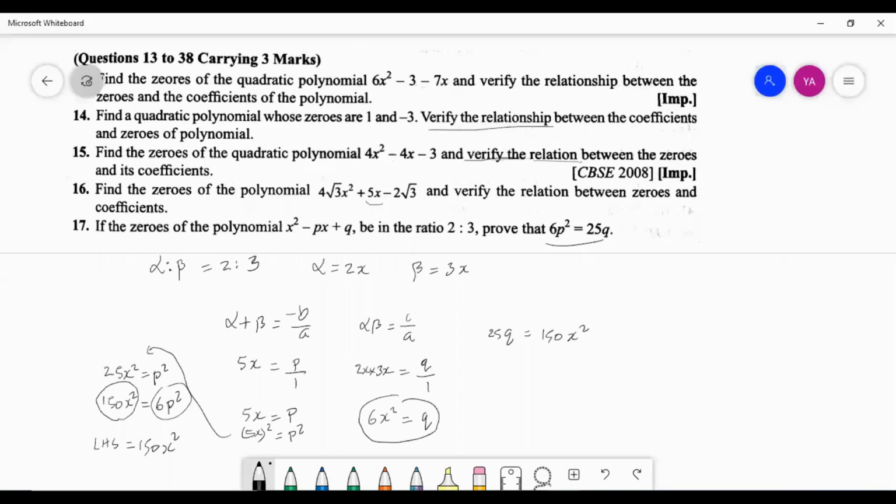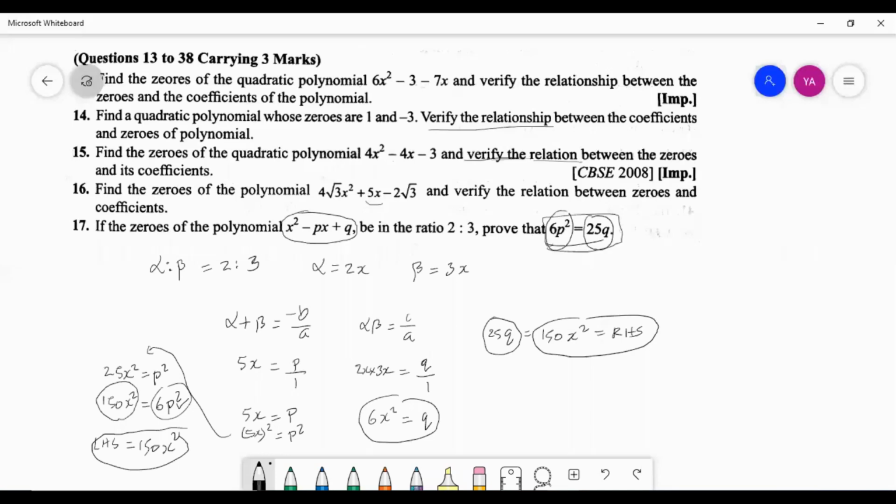And this is the RHS. RHS is 150x square, LHS is also 150x square. That is, 6p square is equal to 25q. I hope you got the idea. Finally, you get LHS equal to RHS, that is 6p square is equal to 25q. That's the answer to this question.